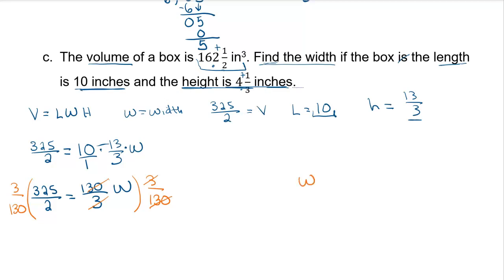So W equals, all right, is there anything that I can cancel on the other side? Well, let's see, 3 and 2 don't have anything that's shared, right? So there's nothing I can do there, but 5 at least can go into both 325 and 130. So I am dividing 325 by 5.